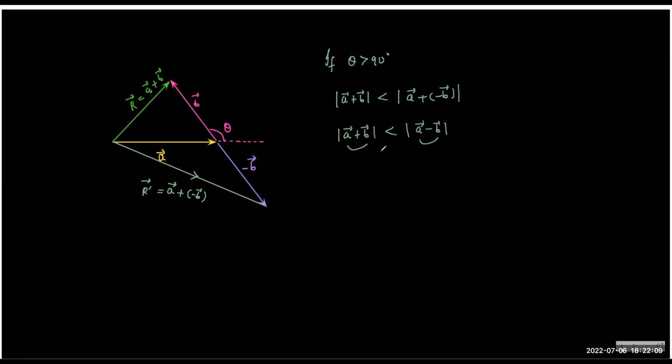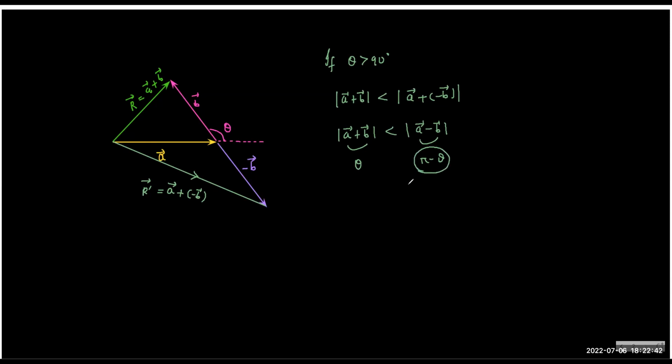What is supplementary? So the sum is 180. So if the angle between A and B is theta, the angle between A and minus B will be 180 minus theta. And 180 minus theta can be acute also. If theta is obtuse, the difference will be acute now. So an acute angle gives a bigger value.